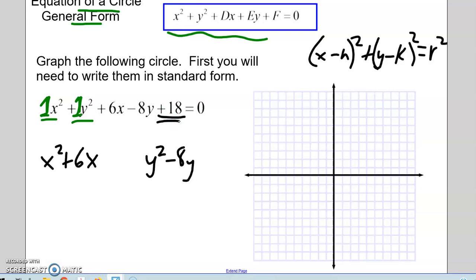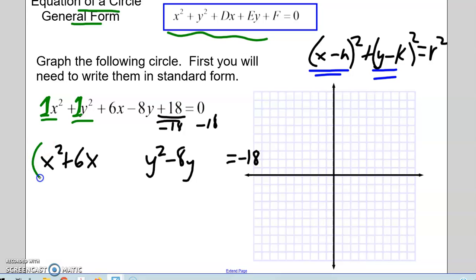So I would subtract 18, because I need some kind of number there to form my radius. So subtracting 18, then I get this whole thing is equal to negative 18. Right, so all I did was I subtracted 18 from both sides. Now, we've got to make it look like this and look like this. The only way to do that is completing the square.